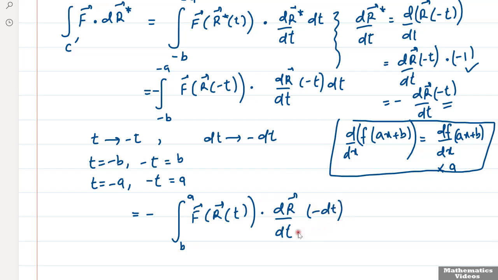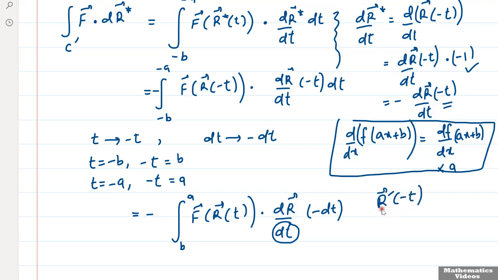You may be thinking that why I have not replaced this dt with minus dt. First note that d by dt is simply the symbol for the derivative with respect to t. Actually, dr by dt evaluated at minus t is the derivative of r with respect to t evaluated at minus t. So it means that this is simply equal to r prime of minus t.